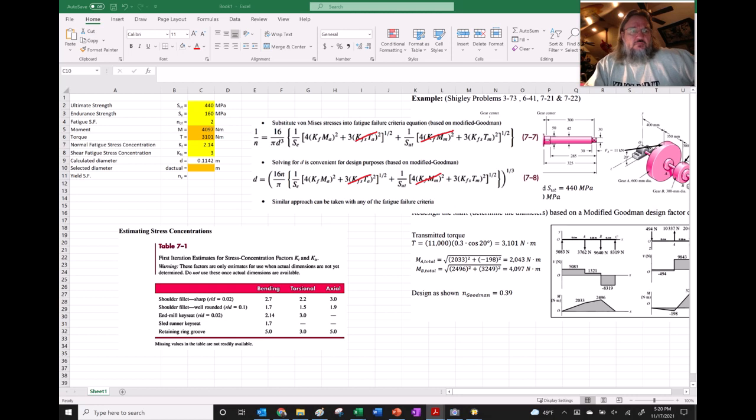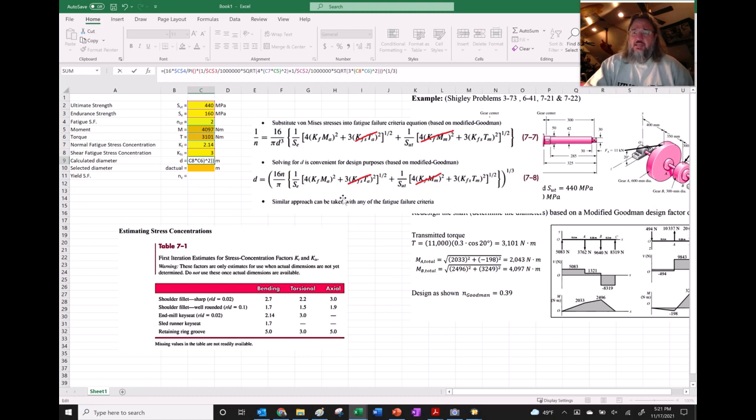No, 1 second. I gotta sneeze. All right, so I got a different value. I got 0.1210. So let me pause and see if I messed anything up. No, I think it's okay.